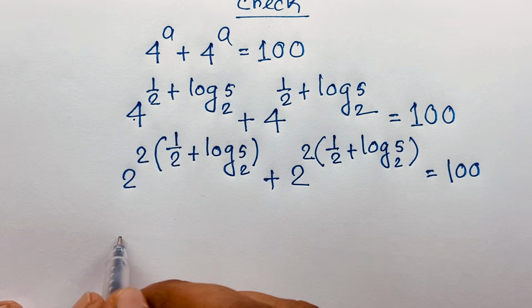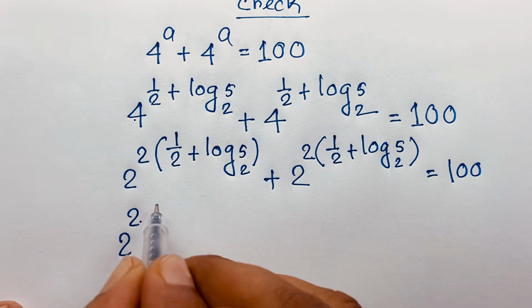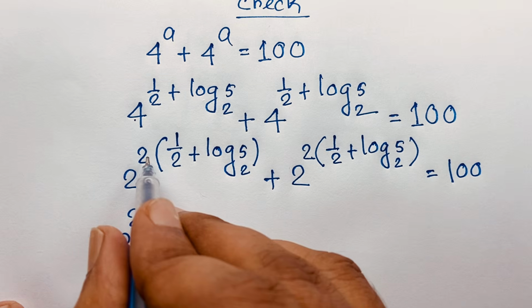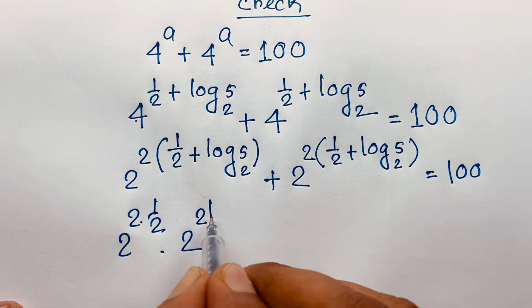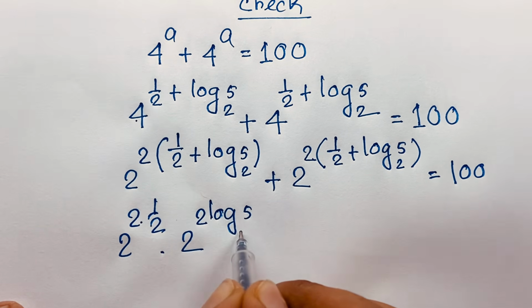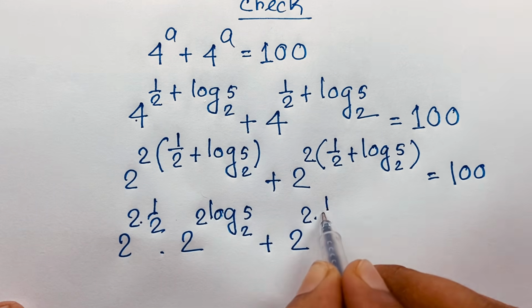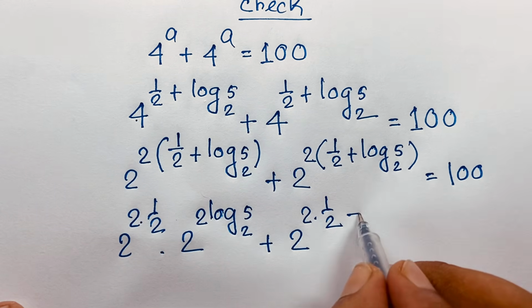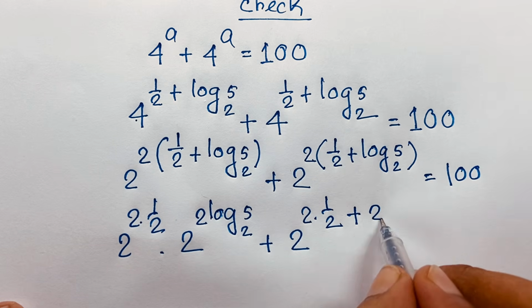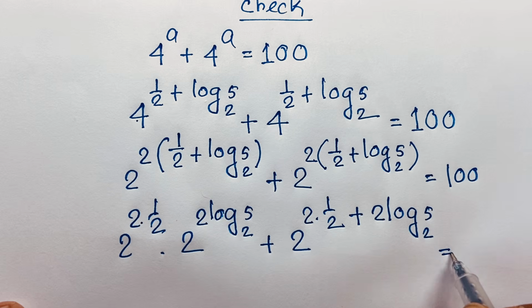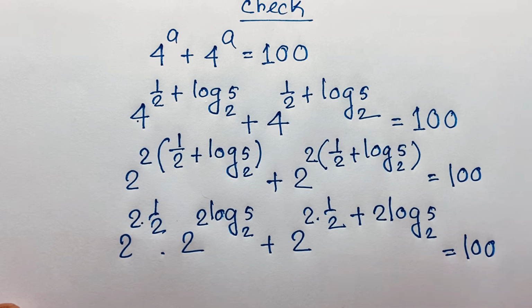Now at this moment it will be 2 to the power 2 times half. I separate this case, and 2 to the power 2 times log 5 base 2, it will be 2 log 5 base 2, plus 2 to the power 2 times half, plus 2 times log 5 base 2, is equal to 100.